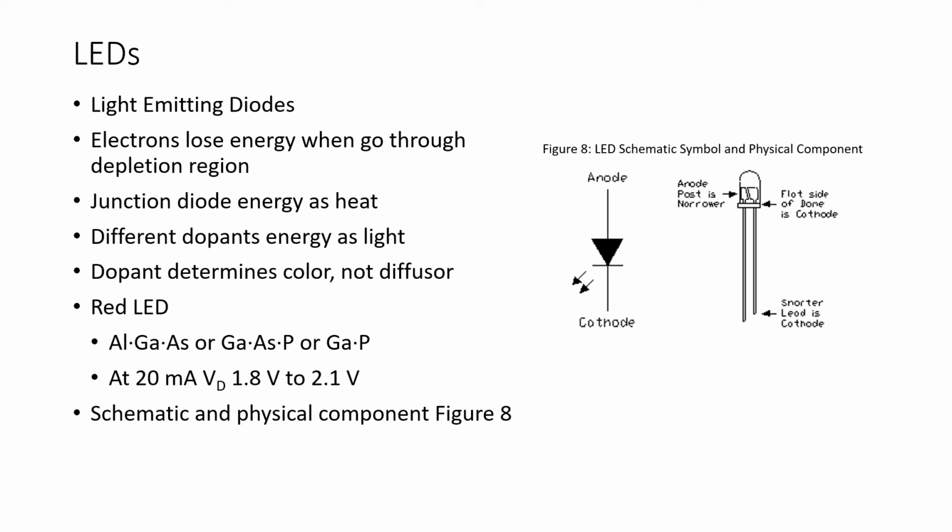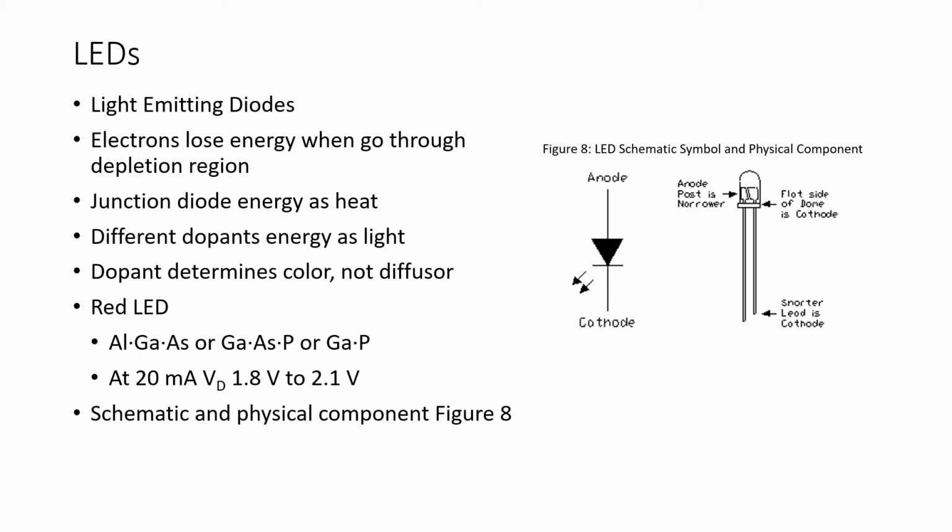And in figure 8, we see the schematic symbol of an LED. It's simply a diode with two arrows leaving the component to show it's giving off light. And we see the physical component. Note, to determine which lead is the anode and cathode, we can look at the dome, and there will be one flat side of the dome, and that flat side is the cathode.